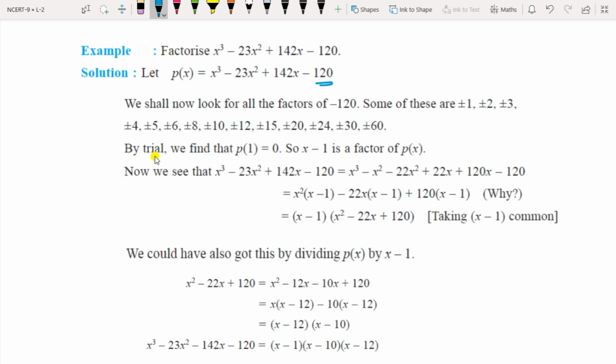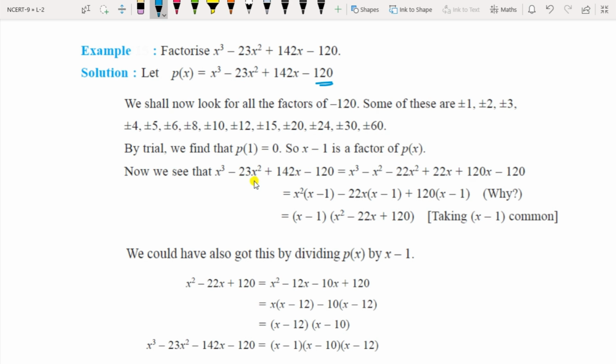Now in this case, they have written here that by trial you have to do, p equal to 1, means x equal to plus 1 they have substituted. So by substituting x equal to 1 in this equation, you are getting 0 here. Therefore x minus 1 is a factor of px.